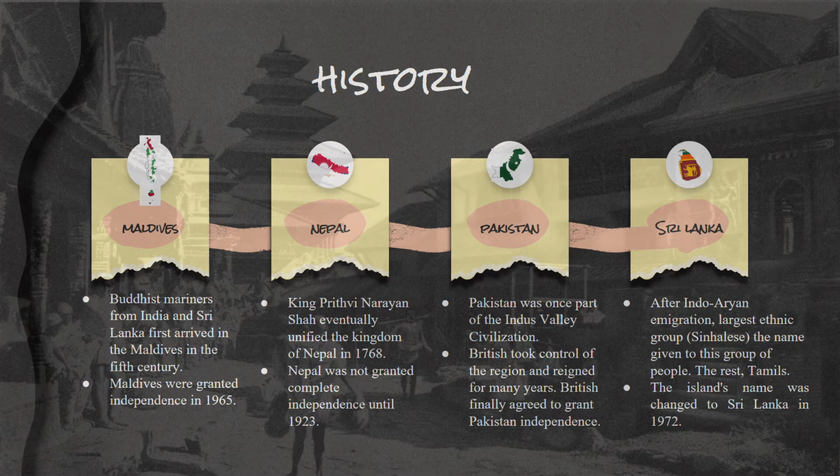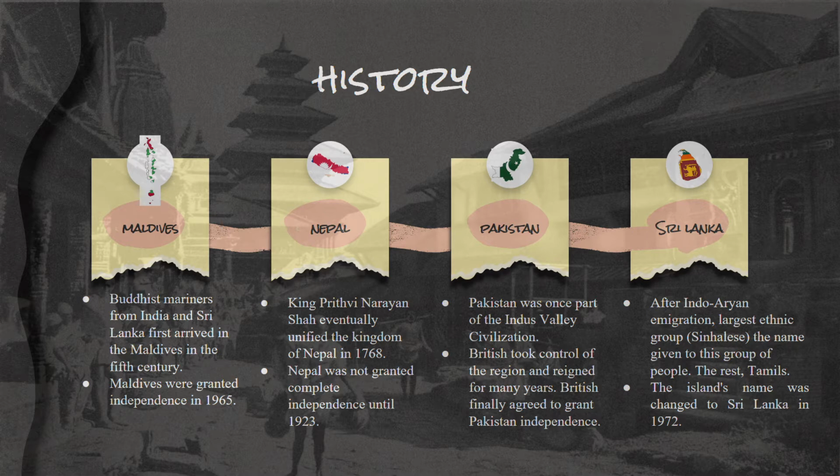For Sri Lanka, after Indo-Aryan immigration, the largest ethnic group is the Sinhalese, the name given to this group of people, and the rest are Tamils. The two factions battled it out for possession of the island, which was Ceylon, until 1972.